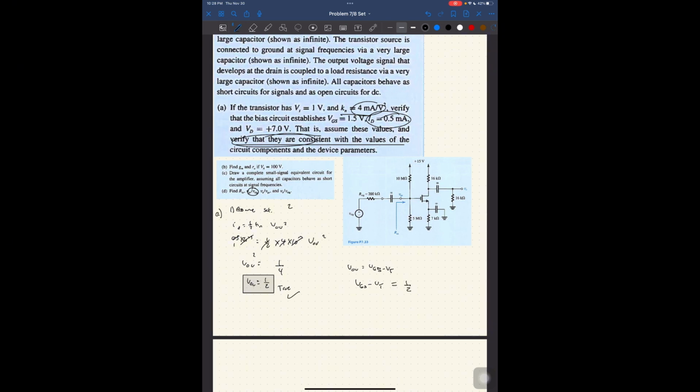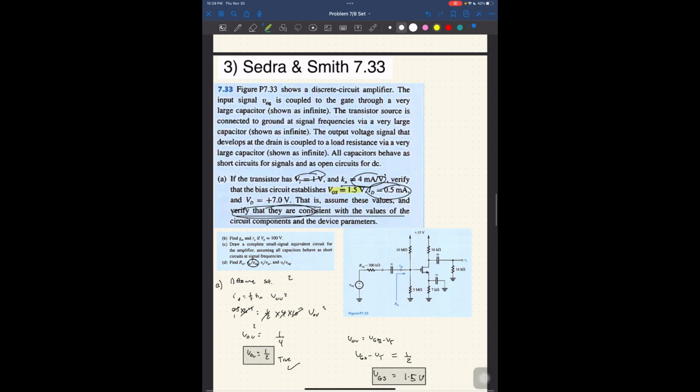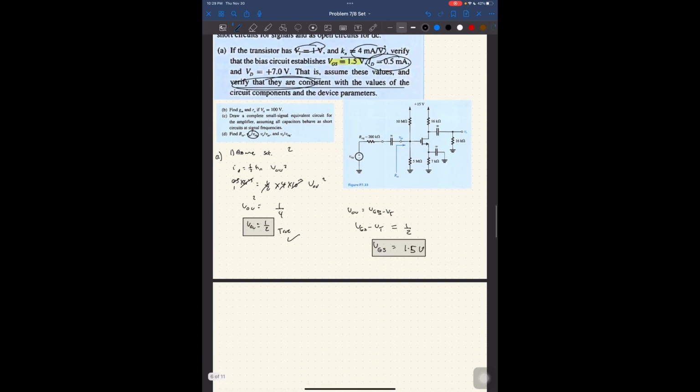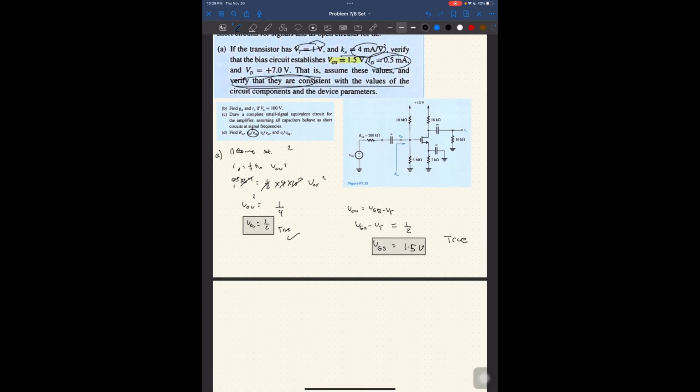And VT is 1 volt, given, such that VGS is equal to 1/2 plus 1, implying that it's equal to 3 over 2, or 1.5. So VGS must be equal to 1.5 volts for this to be true. And is this true? This is indeed true. So I have verified that Mr. Adel Sedra is correct.